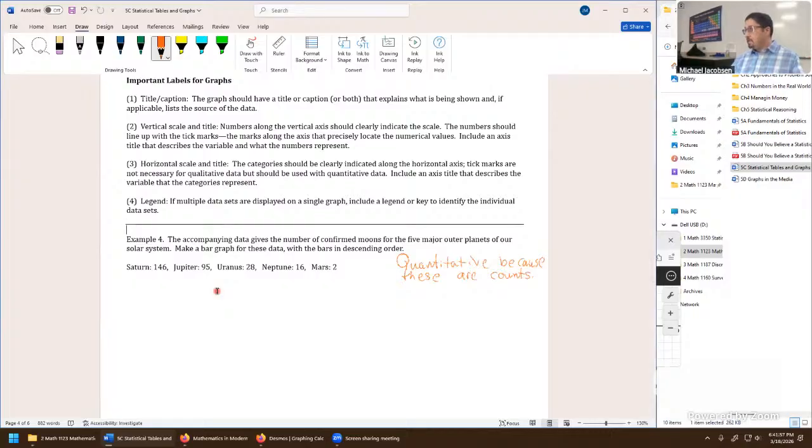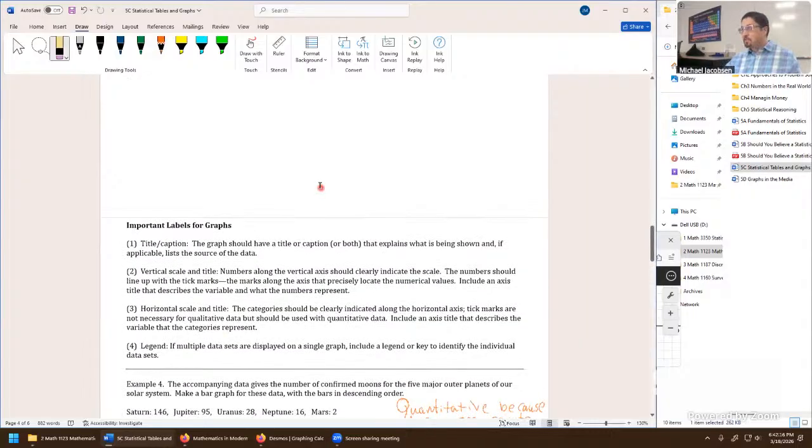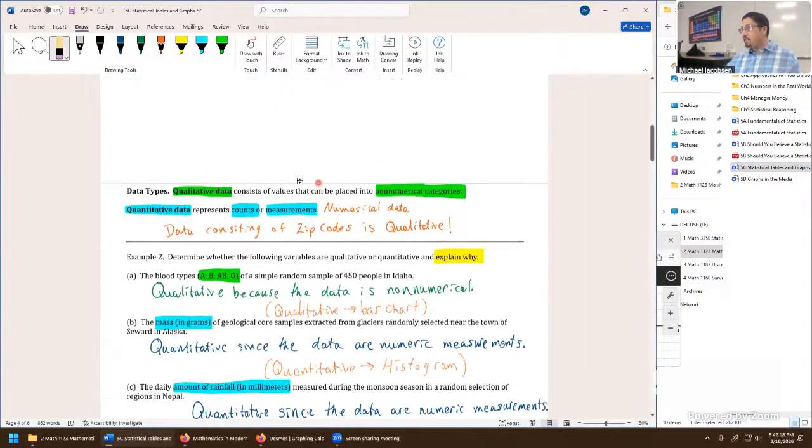Okay. Hang on, kind of getting mixed up on what I said earlier. It gives a number of confirmed moons for 5 major outer planets of our solar system. Make a bar graph for these data with bars in descending order. Kind of debating myself on this one. This is a tricky set of problems and definitions as well.